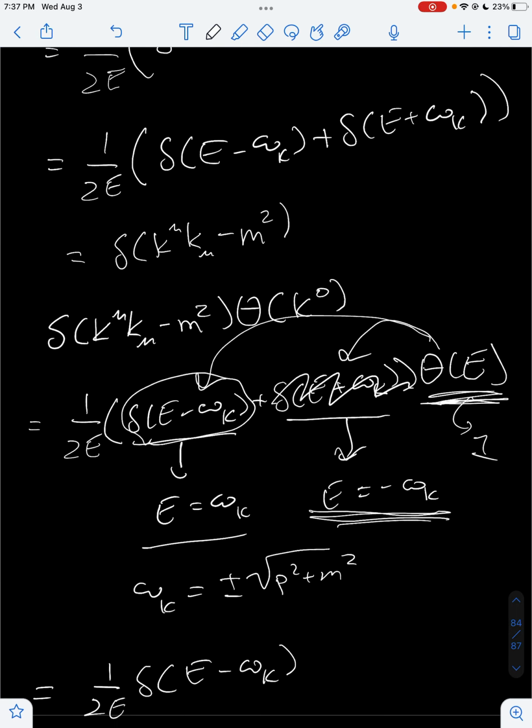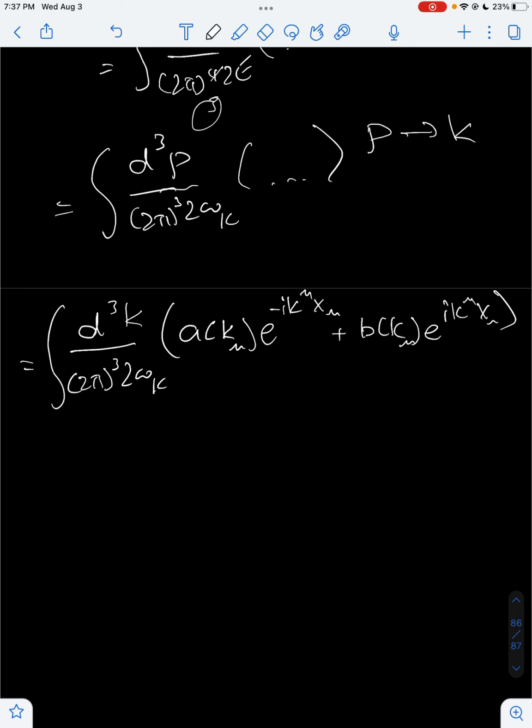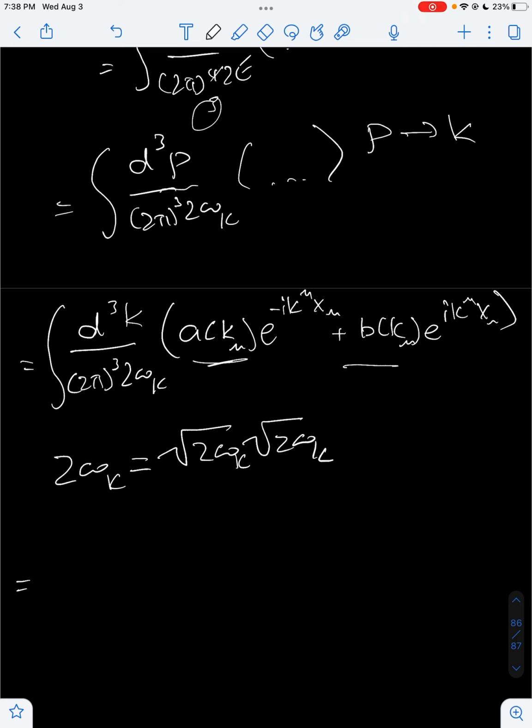What we do now is, we don't like how our coefficients are a function of k mu. So we want to separate 2 omega k into the square root of 2 omega k times itself. So now we get the integral over the 3 thing.